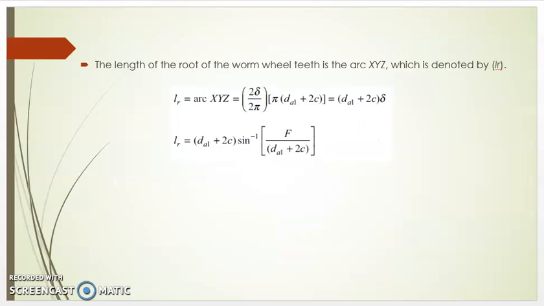The length of the root of the worm wheel teeth is the arc XYZ, which is denoted by LR. Therefore LR is equal to arc XYZ, which is equal to 2 delta divided by 2 pi into pi into (DA1 plus 2c), which is equal to (DA1 plus 2c) into delta. Therefore LR is equal to (DA1 plus 2c) into sine inverse of F divided by (DA1 plus 2c).